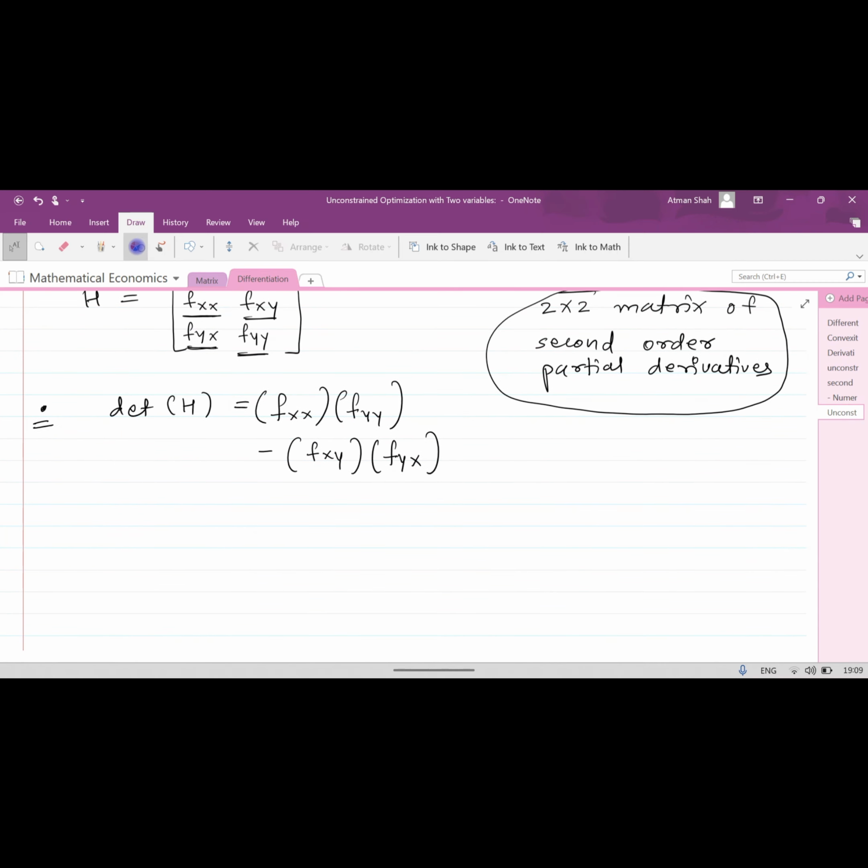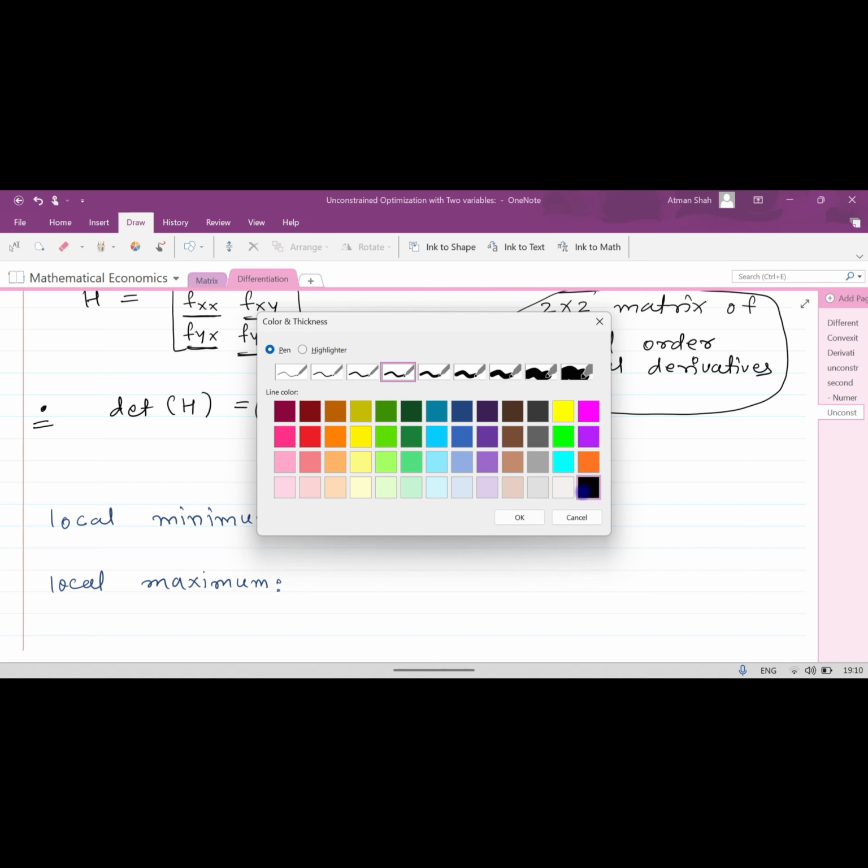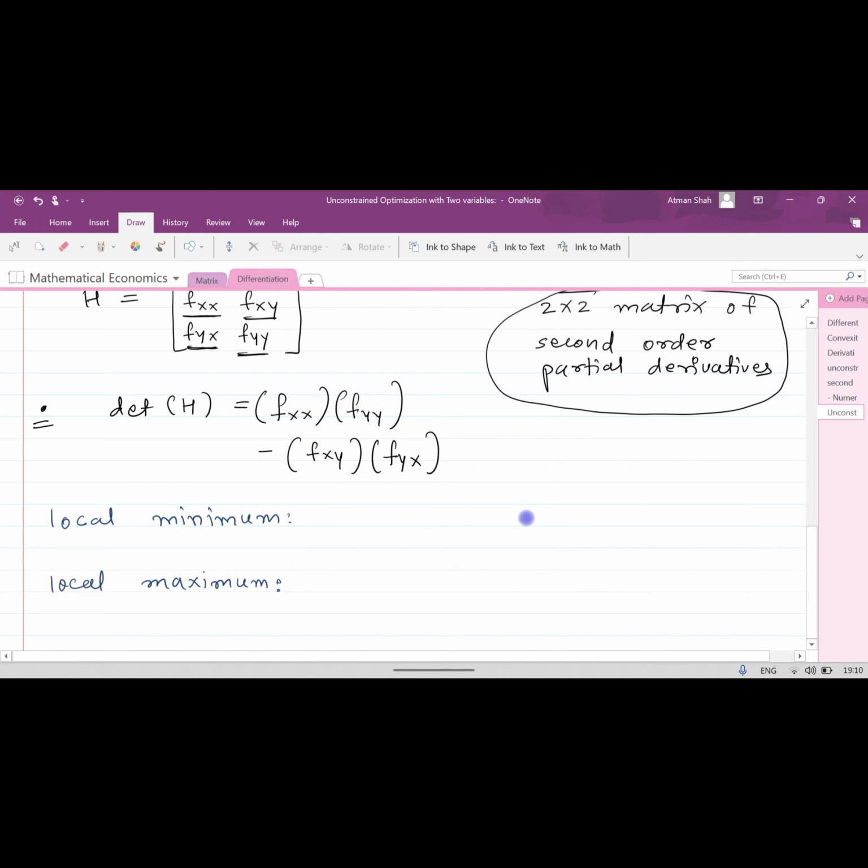Now what is the condition for local minimum and local maximum? For local minimum, the determinant of H, that is the Hessian determinant, must be greater than 0 and fxx also greater than 0.